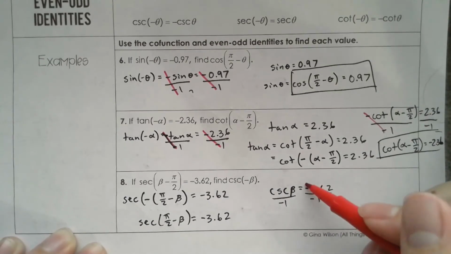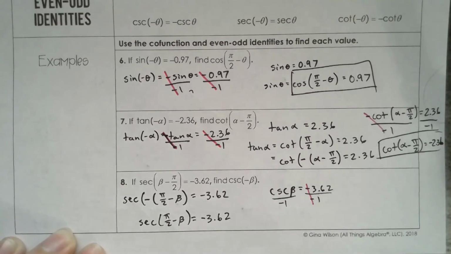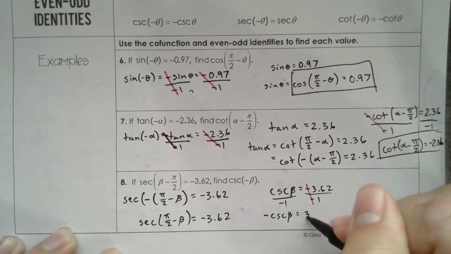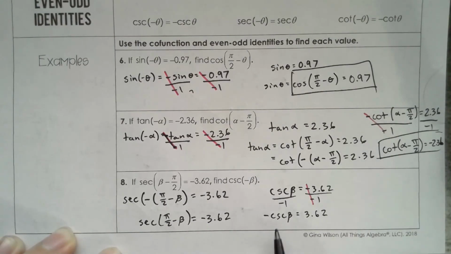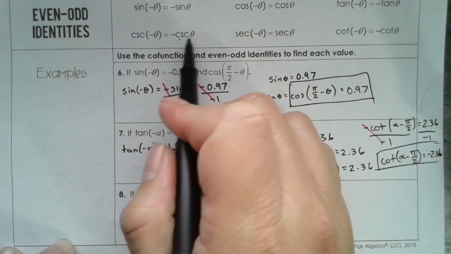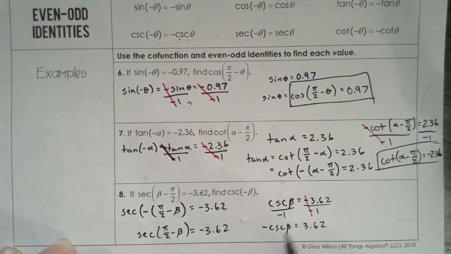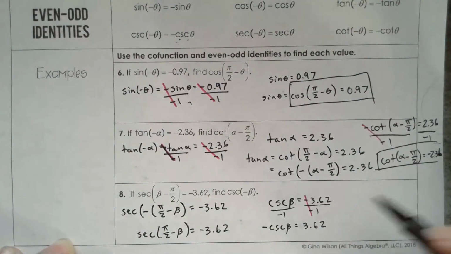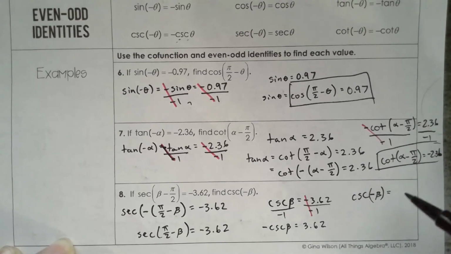This gives me negative cosecant beta, which is equal to positive 3.62. That's what I have here. Negative cosecant theta, negative cosecant beta is this. So this is cosecant of the negative angle. So cosecant negative beta is equal to 3.62. Okay, that wraps this one up.